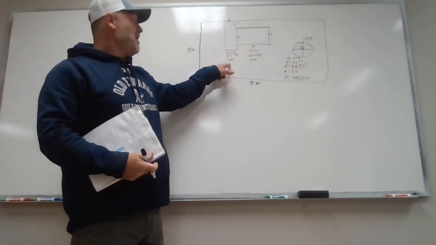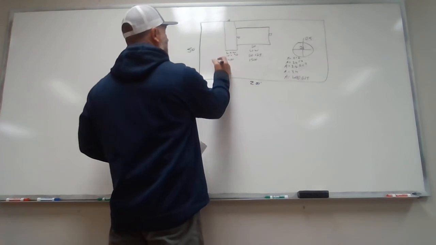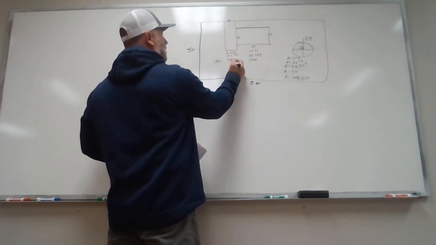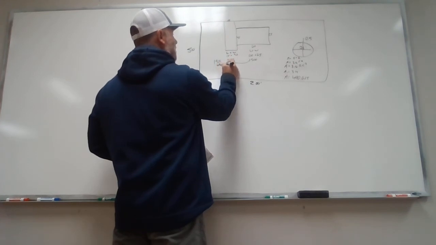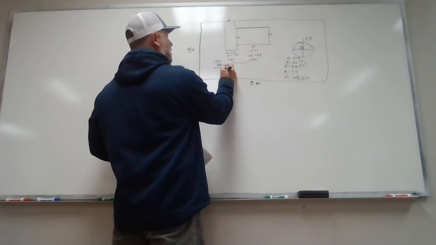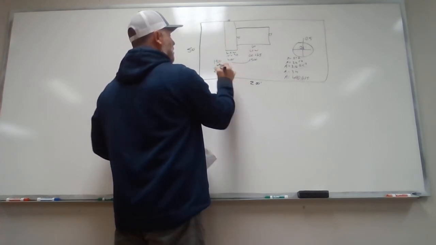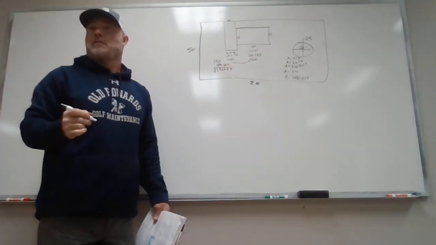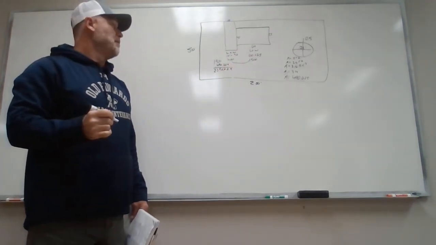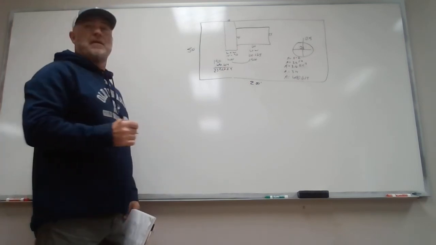So now we have to add 400, there's 1,900, and 490.625. Is that right? 2,390. Did I do my math right? Okay.